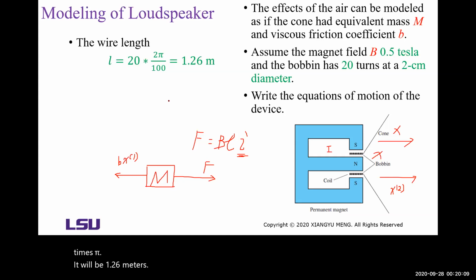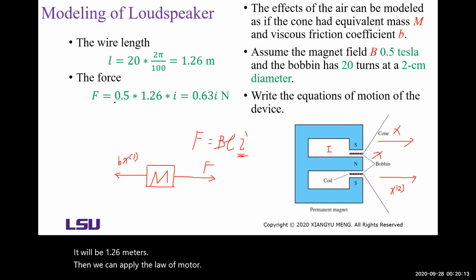Then we can apply the law of motor. F is B L I. It is 0.63 I Newton. Then we apply Newton's law. Newton's law tells us the sum of the force is equal to m times acceleration.